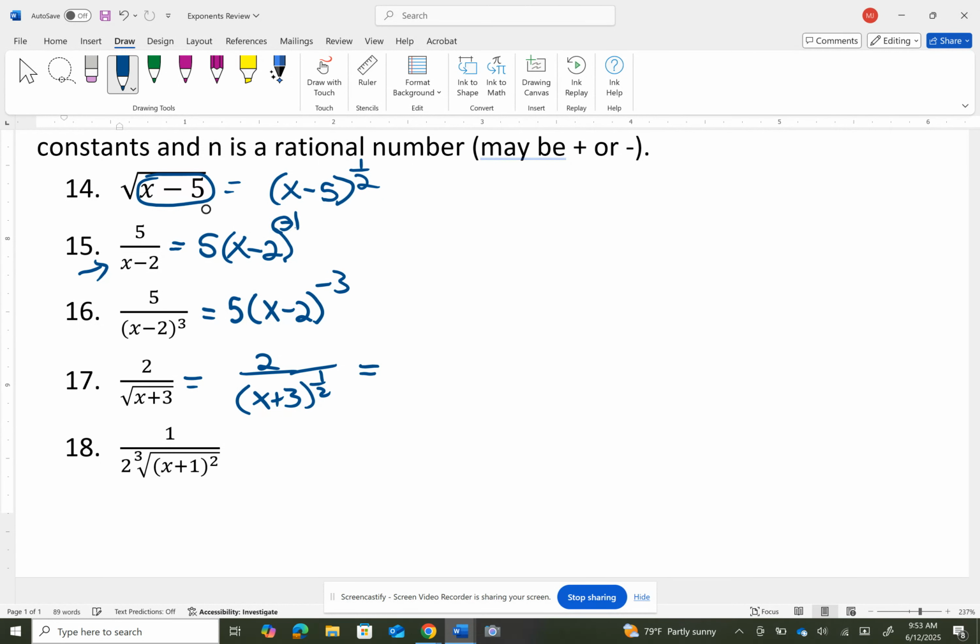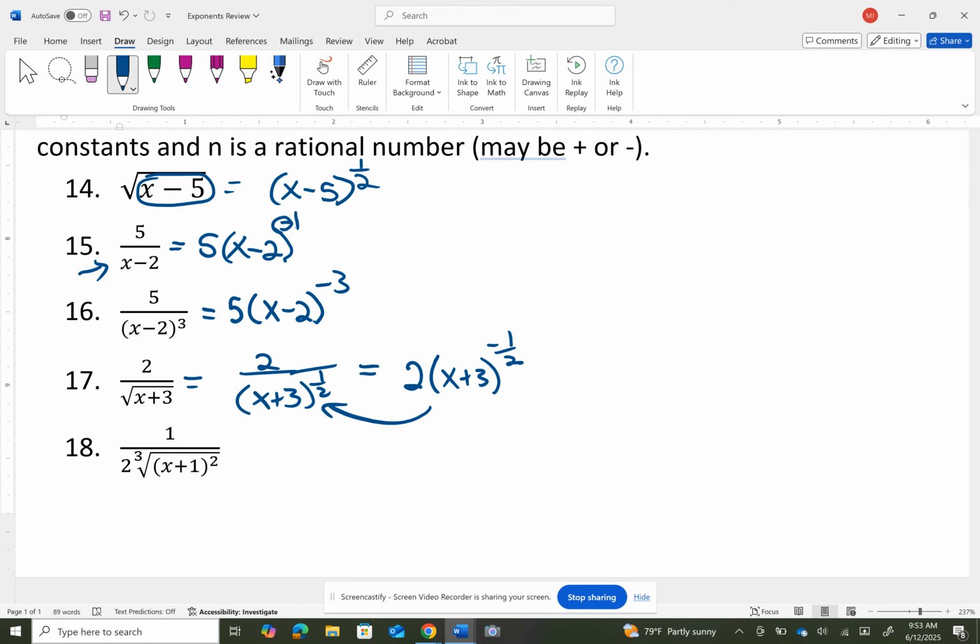And then I could get it back up with the 2 by remembering that if I had x plus 3 to the negative 1/2, then that would have caused me to write 1 over x plus 3 to the positive 1/2. So those should be equal. And now it's set up and ready so that I'll be able to go and use the power rule later.